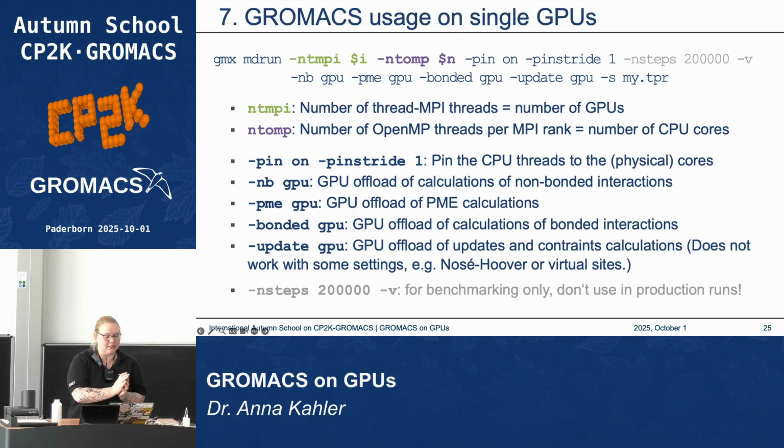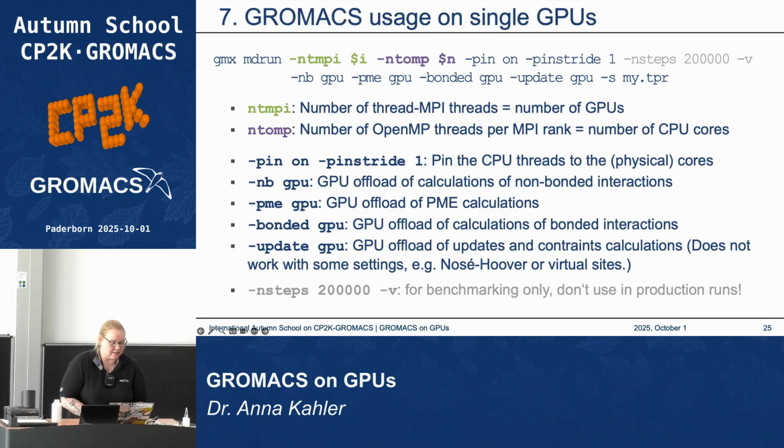You have an increased output, which can slow down your simulation. We do that for benchmarking purposes, so we can see something. But if I see a single user on our systems with the -v option, I'm going to send them a ticket and tell them to turn it off, because it is unnecessary network traffic. We don't want that, we don't need it.